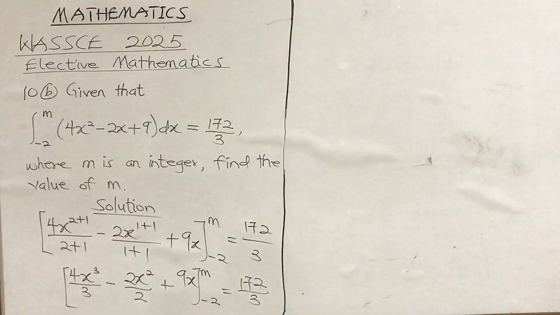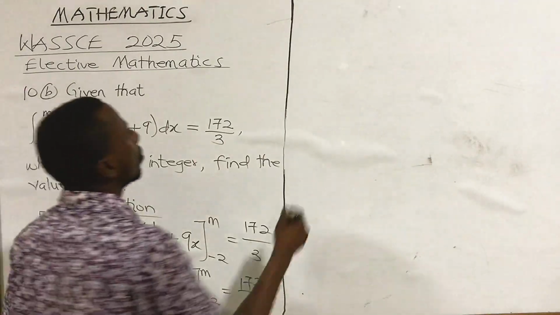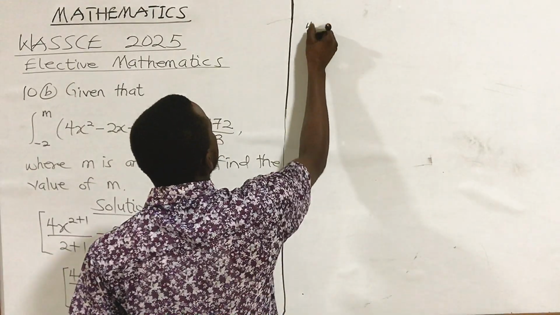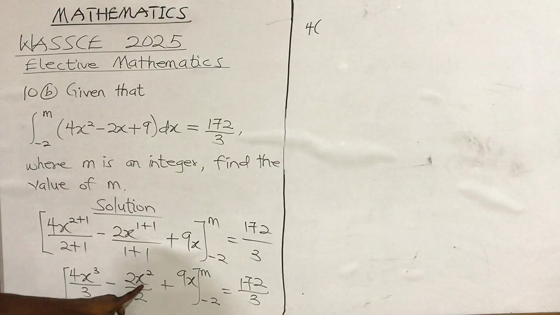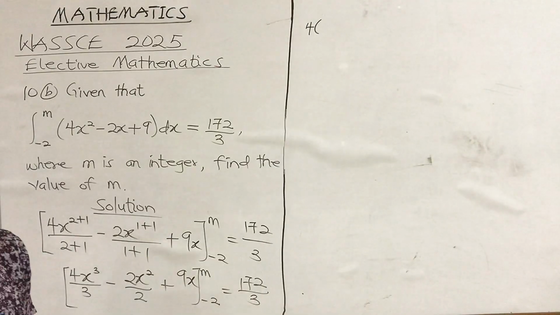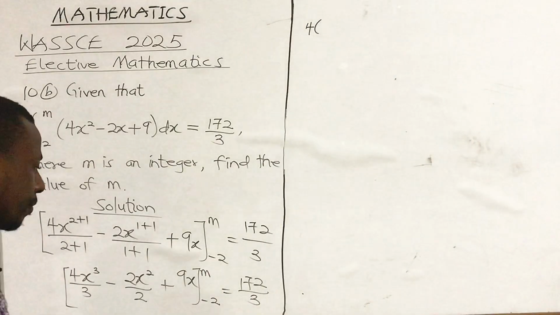When we get here, we are going to make substitution. So we have 4 into brackets. Now we are going to substitute the upper limit first. So anywhere we see x, we are going to put m there.